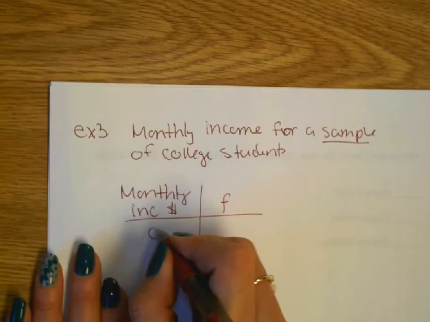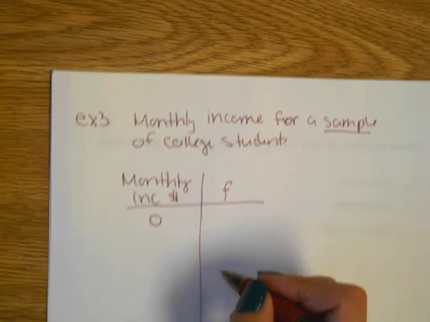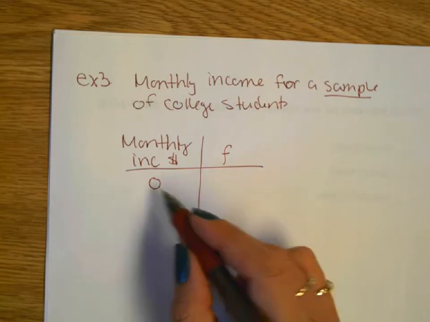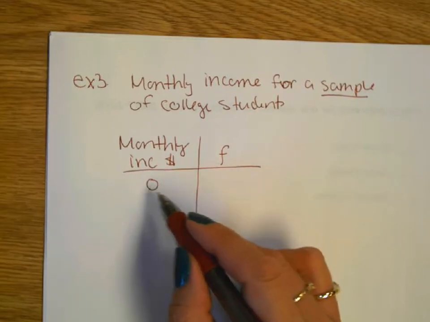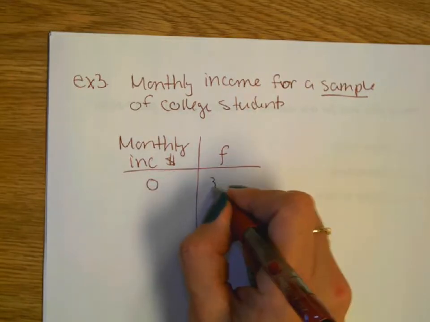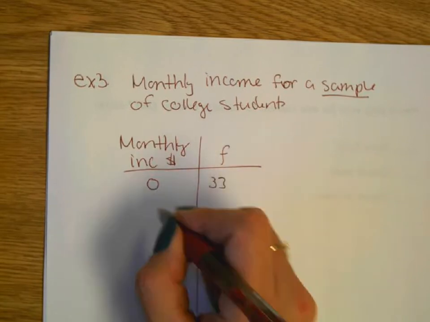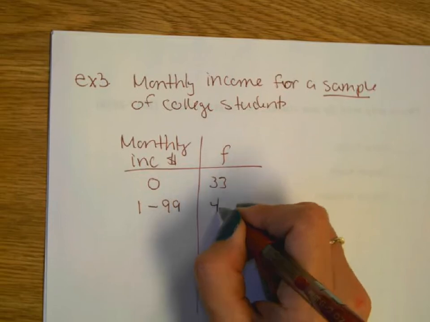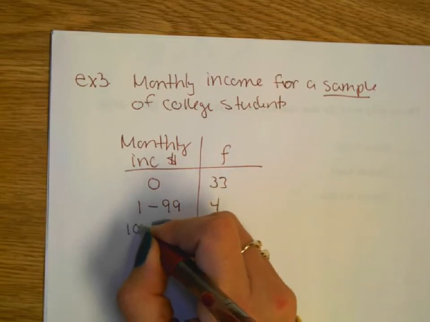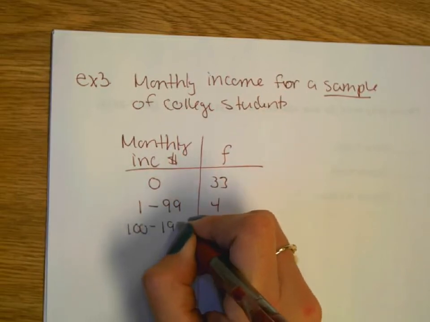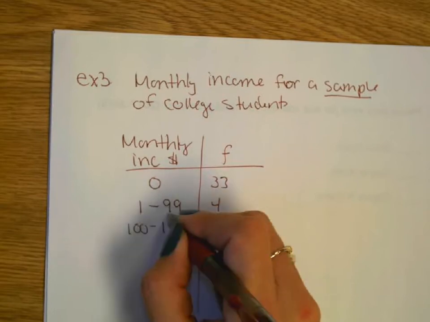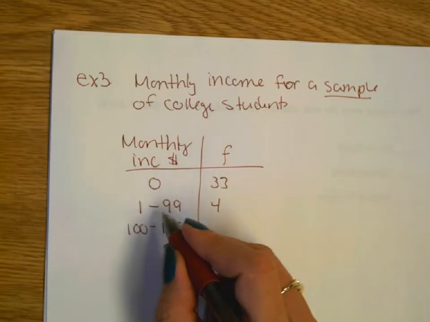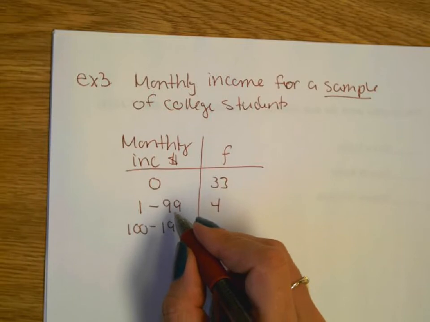So, they broke it up this way. Not a traditional frequency distribution, because you're going to see these ranges aren't all the same, but we had no income. 33 of the students they talked to had no income. $1 to $99, 4 people. 100 to $199, you can see they got a $100 class width here.